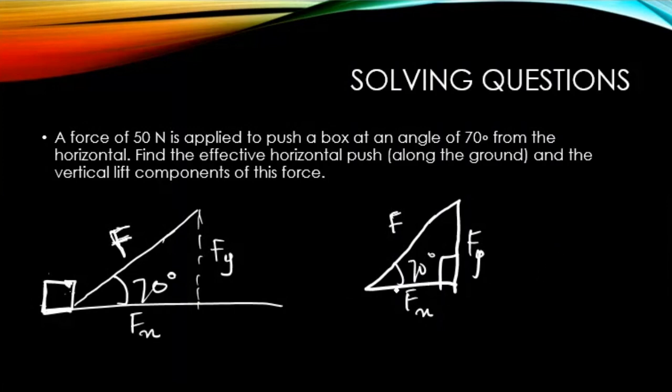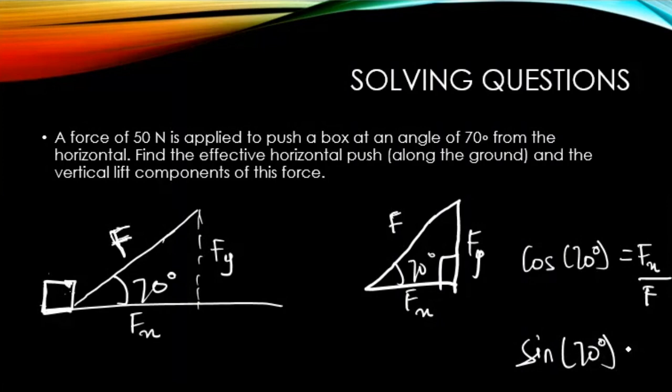Since it's still on the horizontal, the cos of 70 degrees will be equal to Fx over F, and the sine of 70 degrees will be Fy over F.